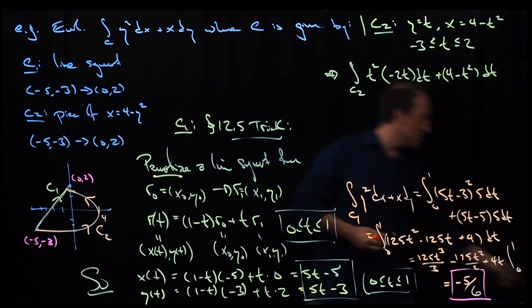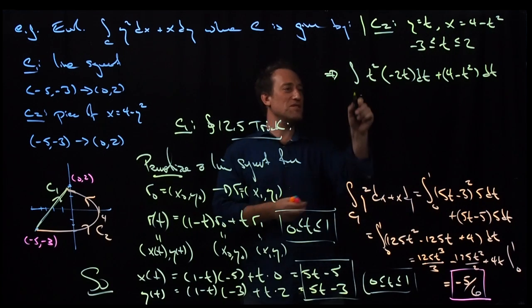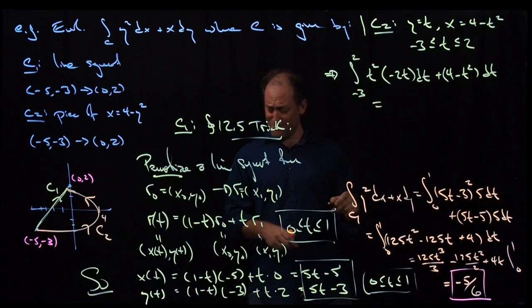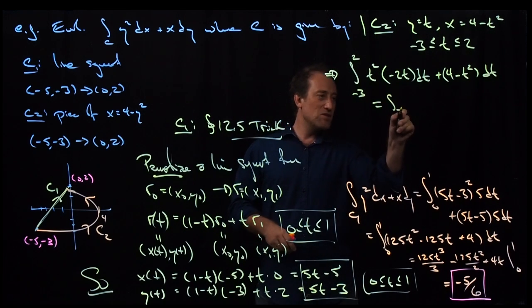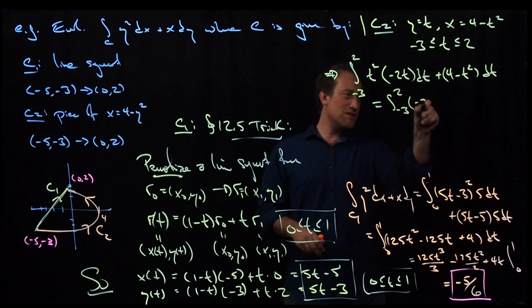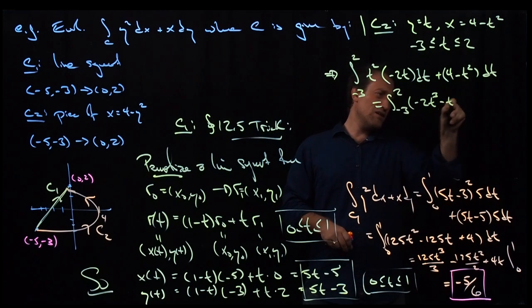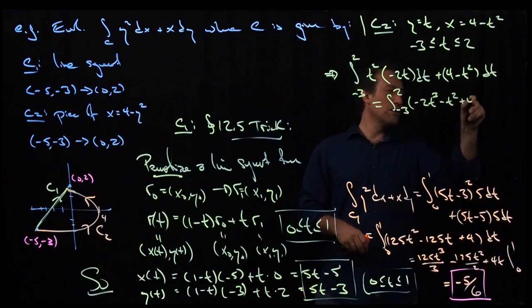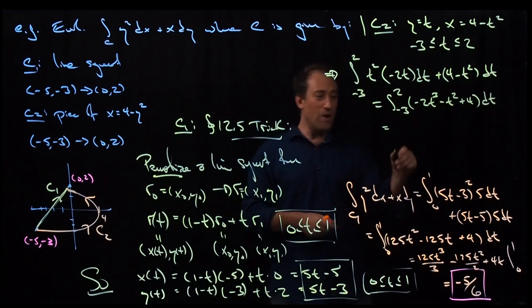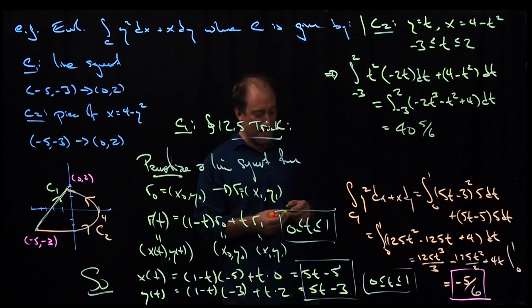I suppose I should also replace C2 with its bounds for t, minus 3 to 2. You get the idea. So at this point, one intermediate step. This will be the integral from minus 3 to 2, minus 2t cubed, minus t squared, plus 4 dt. I'll leave the rest of this to you. In any case, what's important here is that it comes out to 40 and 5/6.